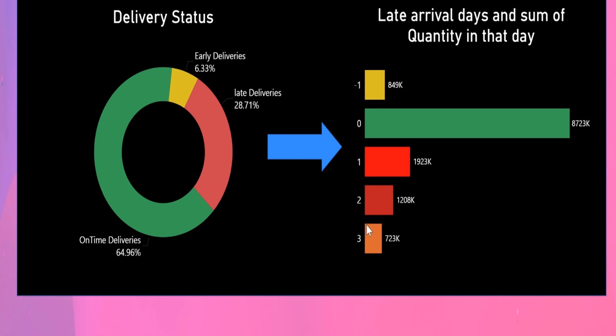Even the max late delivery day doesn't have that much quantity of the product. It's just that we have done some of the product a bit late. But what we have done is the maximum late deliveries in terms of quantity in the day after the agreed day, which is something that can be improved.